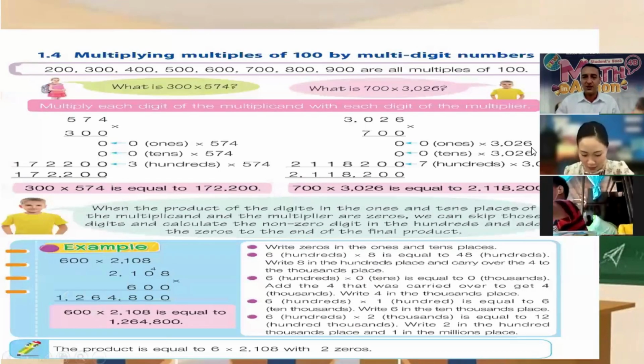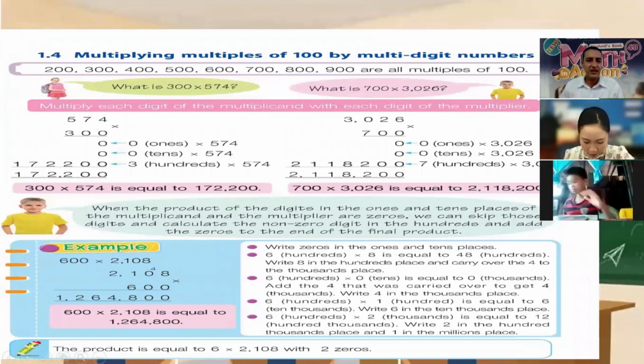All right, so our today's lesson is multiplying multiples of 100 by multi-digit numbers. We already had practice multiplying multi-digit numbers in our last class, and here we are going to have a little bit more practice, and today we are going to do some examples and solve some of the questions.